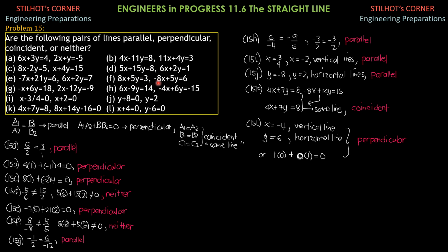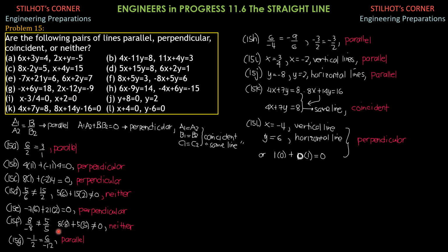For 15F, they have opposite signs, so let's try 8 over negative 8. 8 over negative 8 is negative 1, not equal to 5 over 5, and 8 times negative 8 plus 5 times 5 is not equal to 0. So these lines are neither parallel nor perpendicular. Then 15G, negative 1 half is equal to 6 over negative 12.